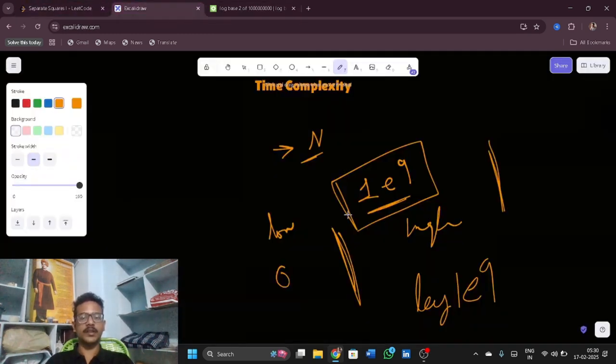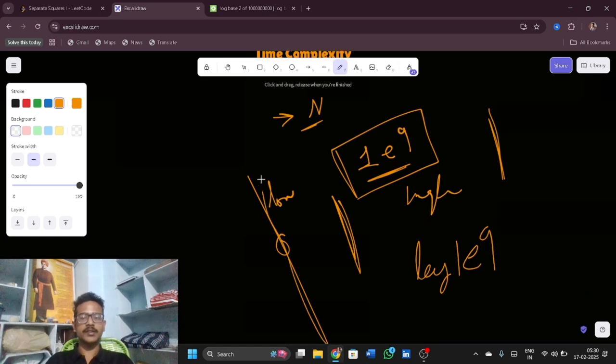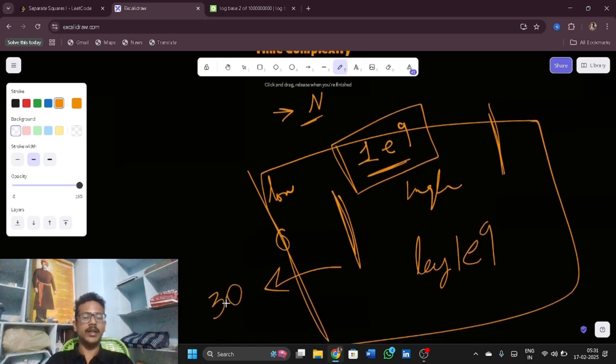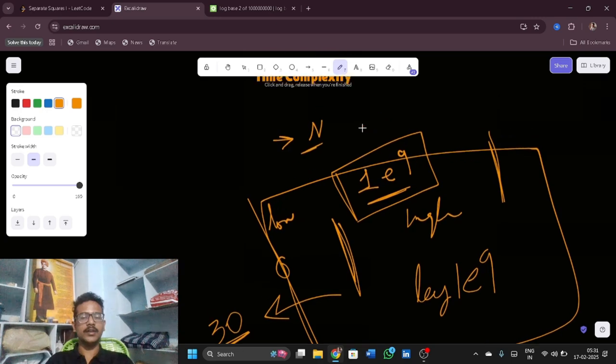So it is clear that this binary search takes only 30 iterations, and here 30 is my log n for the binary search, and for the n squares, we search 30 times. This will be the worst-case time complexity of my solution.